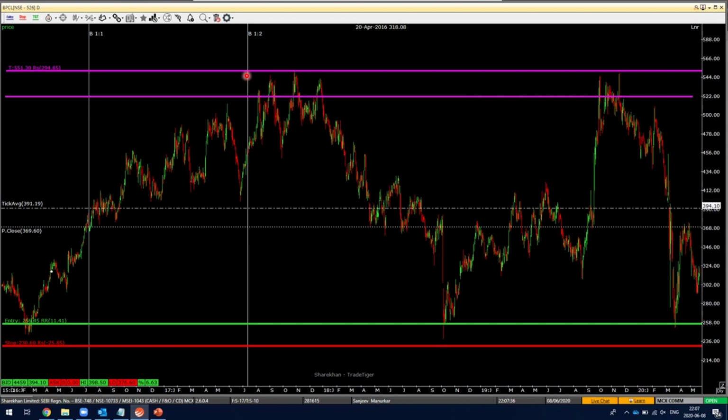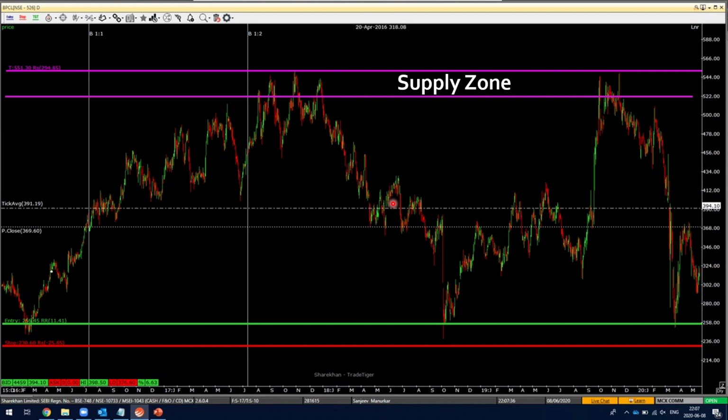If you see here, we could have gone back further, but this is the best I wanted to go. At this point where I'm highlighting, this is the place where the share hit, in between this and this range, and you have always seen a reversal in the stock from this point.